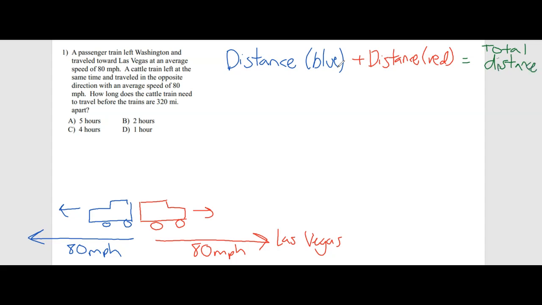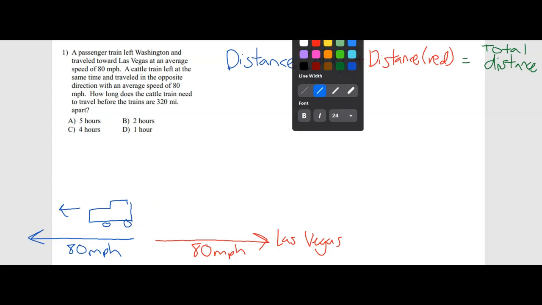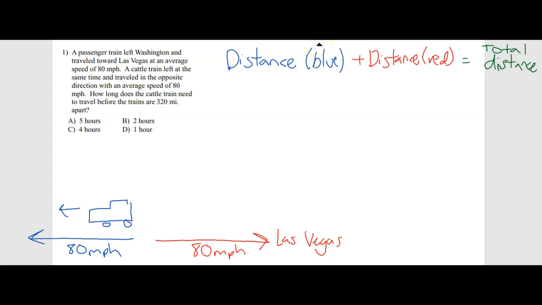Let me just explain why this works. Let's say that the red train has gone 10 miles. I'm going to erase it for just a second to move it over. We'll just say it's gone 10 miles. That'll work for this scenario.